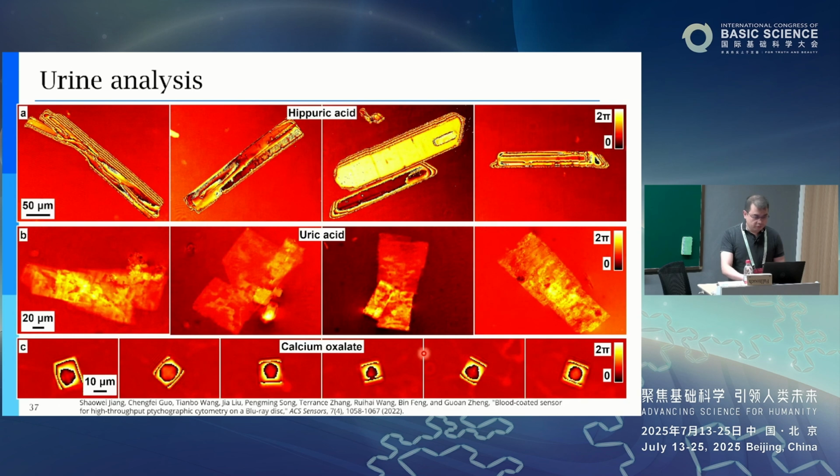This is calcium oxalate. This is particularly important because it is related to kidney disease or kidney stones. If you find a lot of these calcium oxalate crystals, you need to make an appointment with the doctor to examine your kidney function.